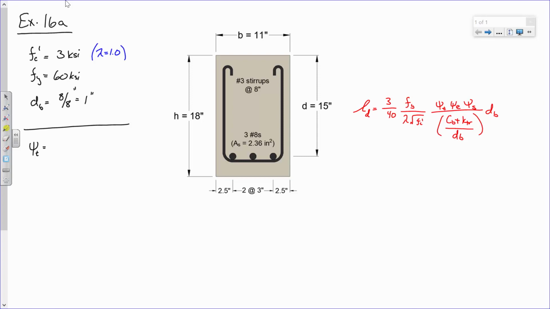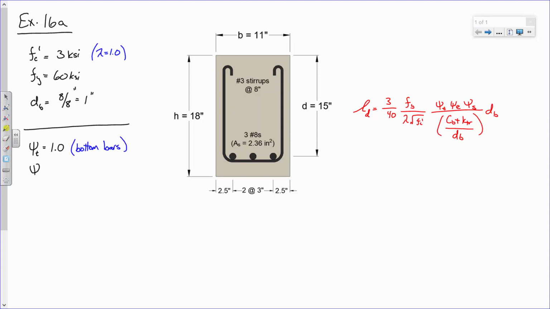And that's a really good point that I want to make, is that typically these factors are all 1 when you're dealing with what I would call a standard case. Like top bars, they're not going to bond well, so you got to bump it up. And things like that. Like epoxy bars aren't going to bond well, so you got to bump it up. So this is going to be 1, and I'm going to say it's because we're dealing with bottom bars.